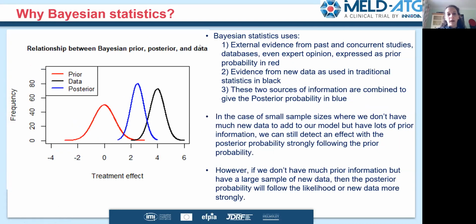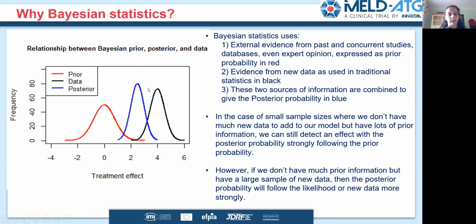So why do we use Bayesian statistics in a lot of these adaptive designs? I've created a graph for you on the left-hand side of your screen, which looks at the relationship between the Bayesian prior, that's your red curve, the posterior, the blue curve, as well as data, the black curve. What I've plotted for you on the x-axis is treatment effect of, let's say, a potential drug or intervention.